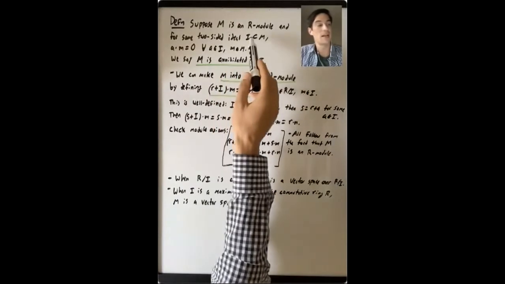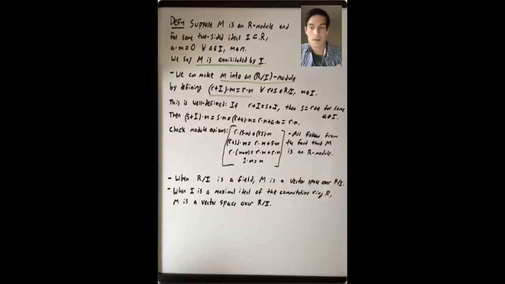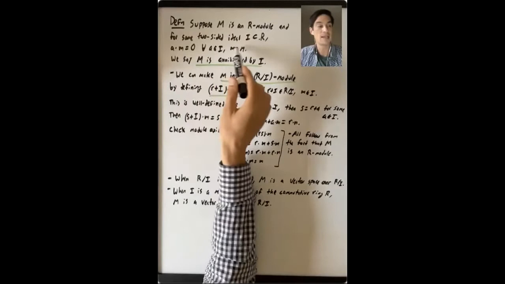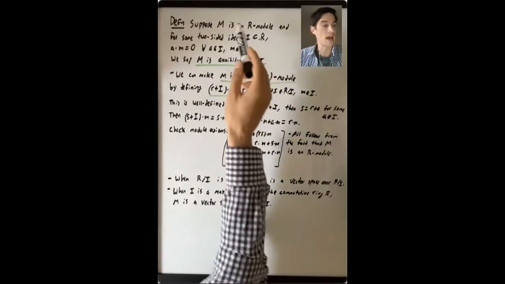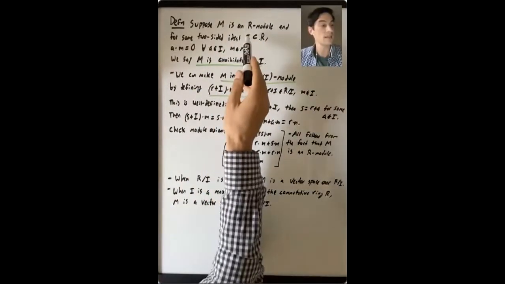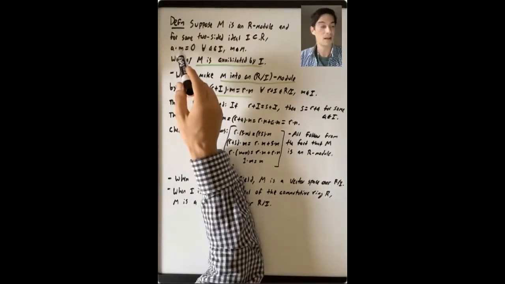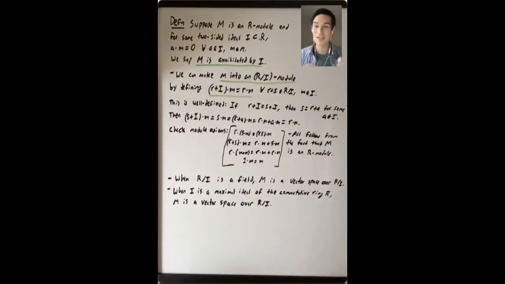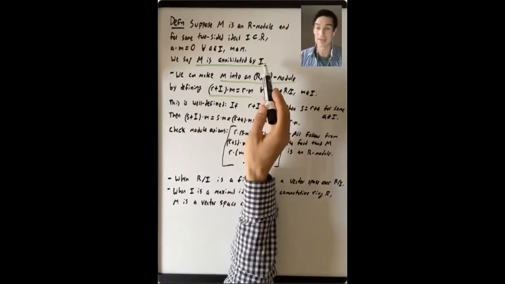So for some two-sided ideal I in R, we have that a dot m equals 0 for all a in I and m in M. So what's going on is we have an R module, so we have an action of R on M. And we're saying that when we act by anything in the ideal I on any element in the module M, we get 0. Then we say that M is annihilated by I.